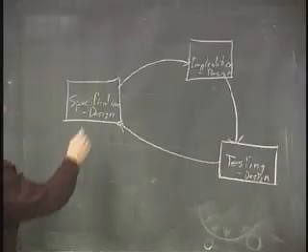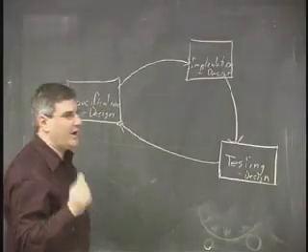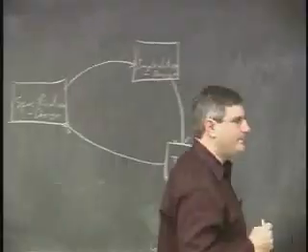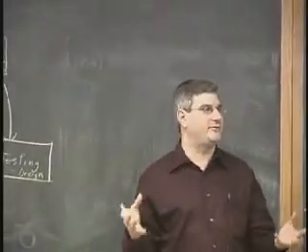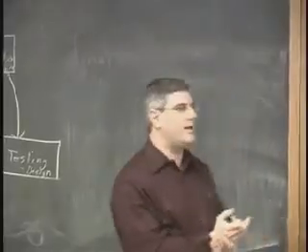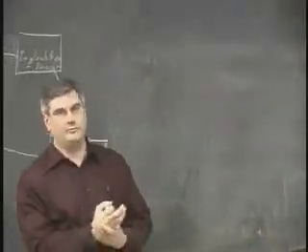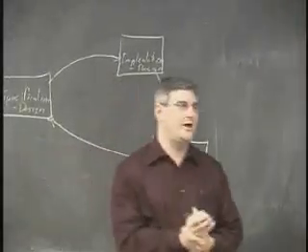The specification stage is when you decide what the thing is supposed to do and how it's broken up at the highest levels, in terms of how you're going to describe what it's supposed to do to your customer or your client.